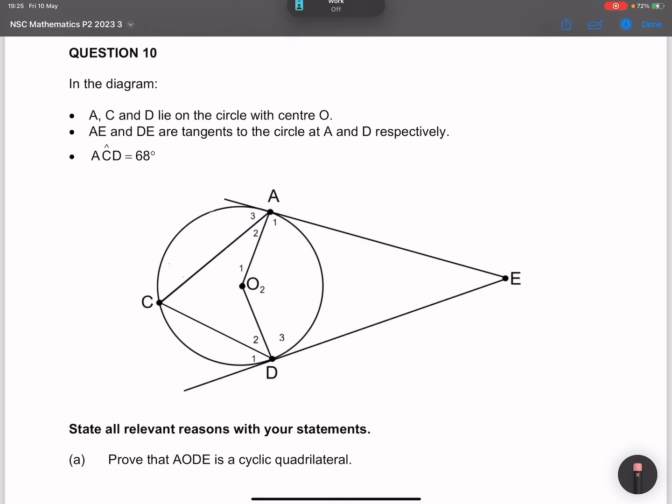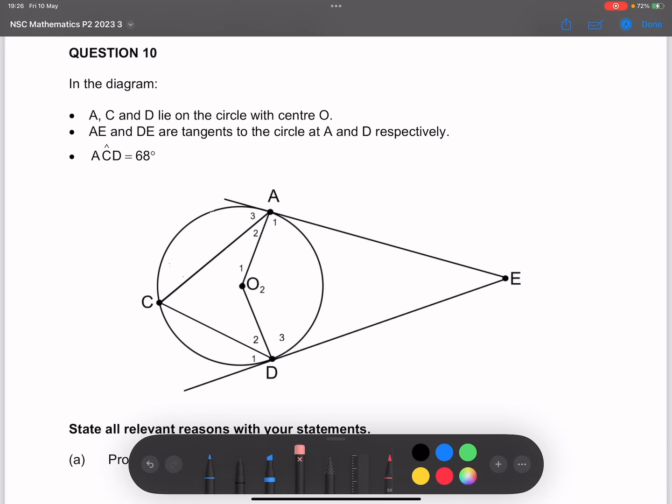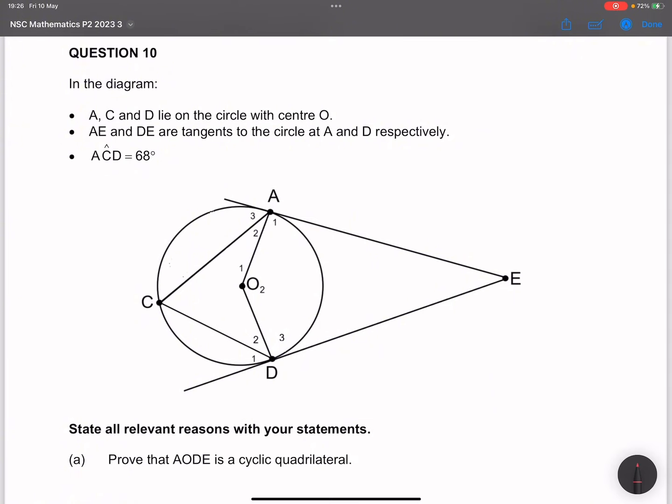Question 10, they say in the diagram we've got A, C, and D that lie on the circle with center O. Now, ladies and gents, I always say to you when you're doing Euclidean geometry, once they talk about a center, the first thing that I'd always do is go and identify my radii, because I don't know if I will need that.